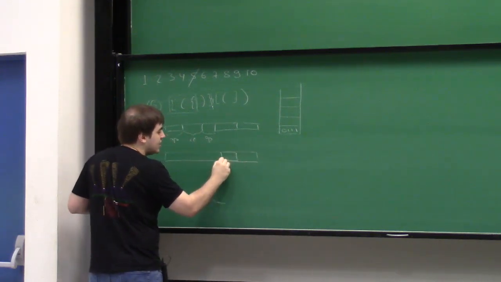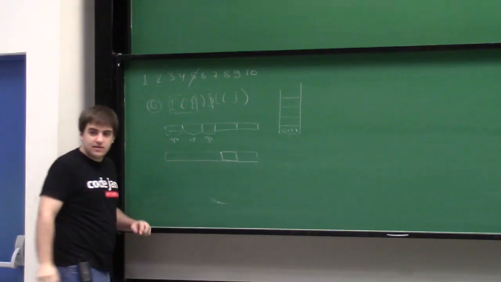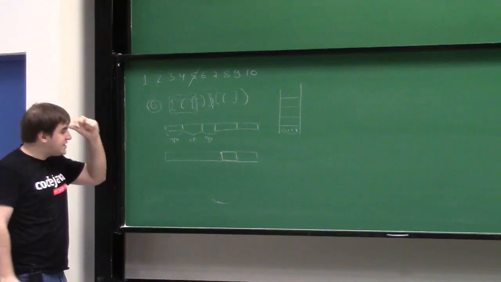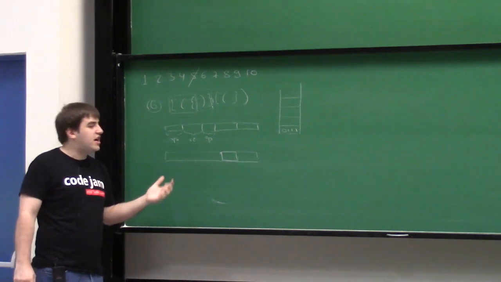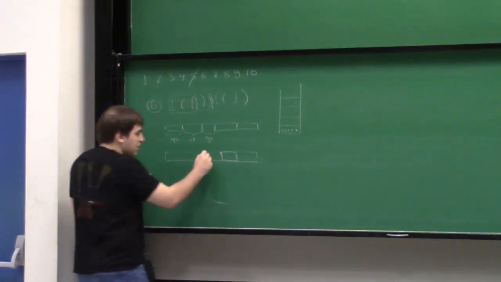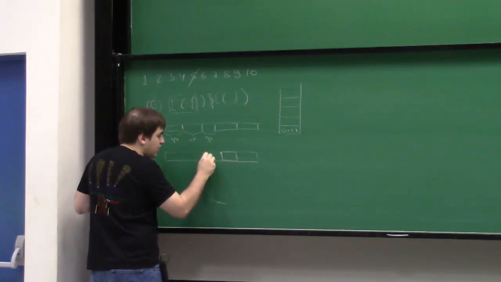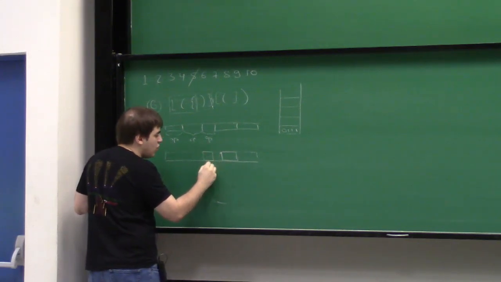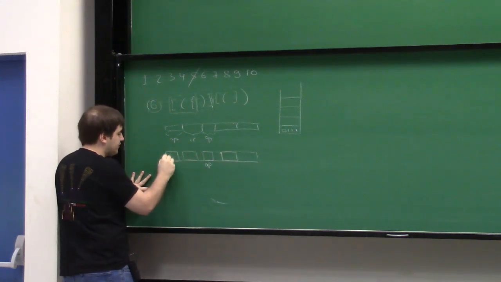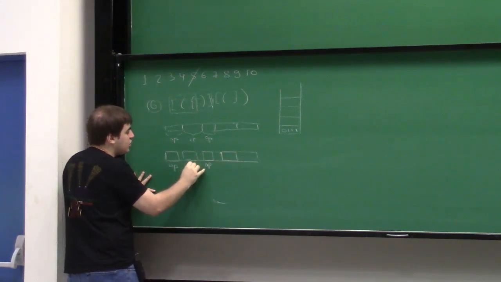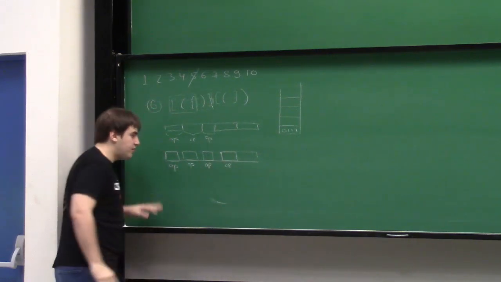Here they are, and we have some stack. What is actually the stack? The stack represents all the brackets to the left that are not matched yet. So we have several opening groups before that are not matched, and our closing group.